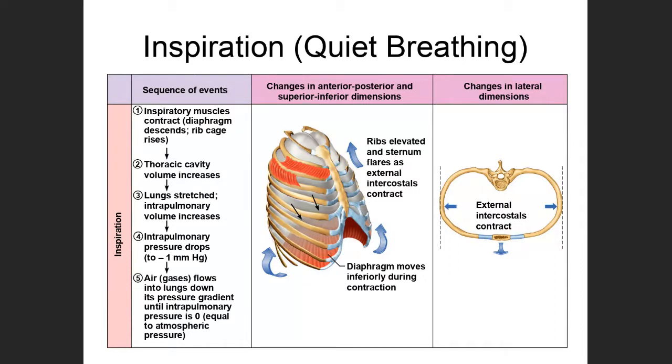What I mean by that is when volume increases, I'm using this little arrow to represent an increase, V represents volume, that is going to translate into a decrease in pressure. Conversely, when the volume of a container decreases, that's going to lead to an increase in pressure within that container.